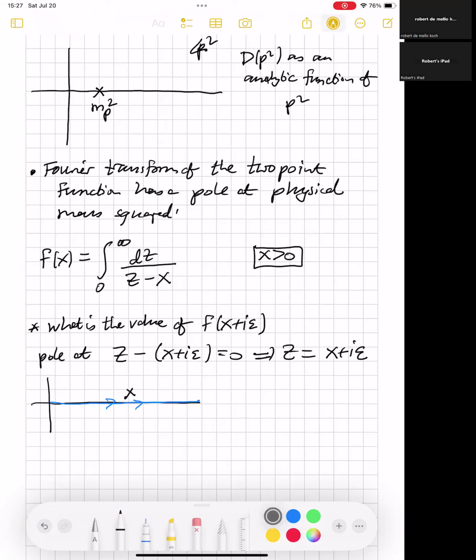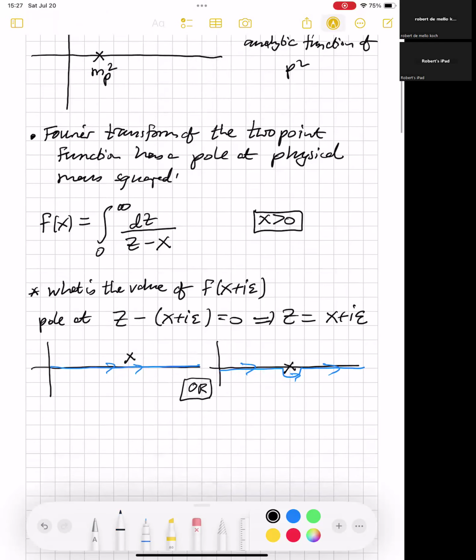Now, we, of course, let epsilon tend to 0, so a completely equivalent way to think about this is, I could also say, well, the pole sits at this position over here, but I go like this till I get to the pole, then I go around, and then I keep going. So both of these ways of thinking are perfectly valid, okay?